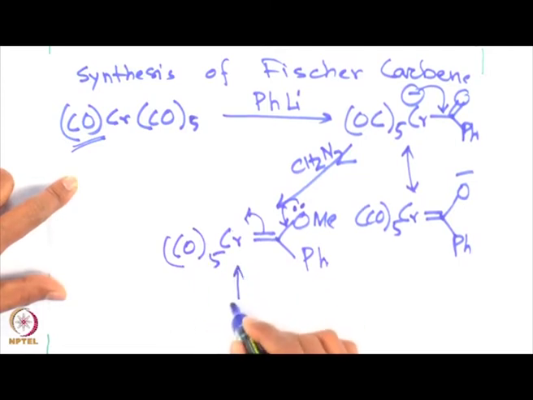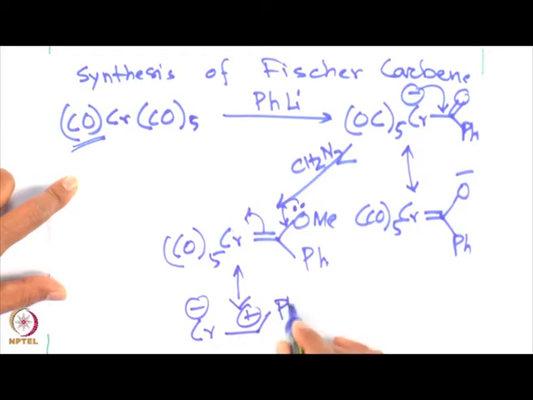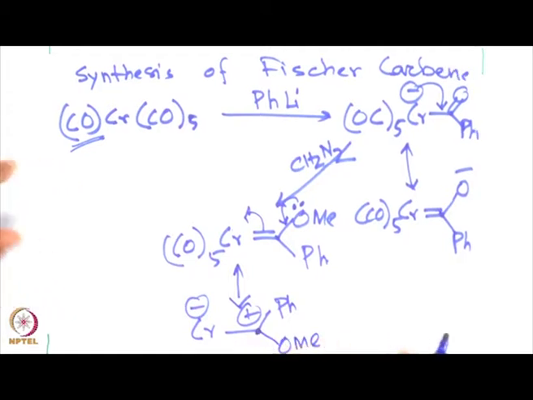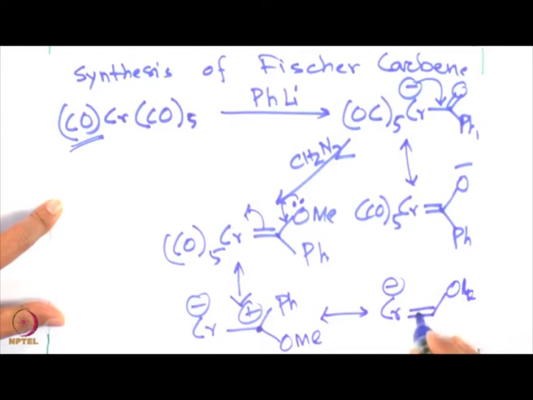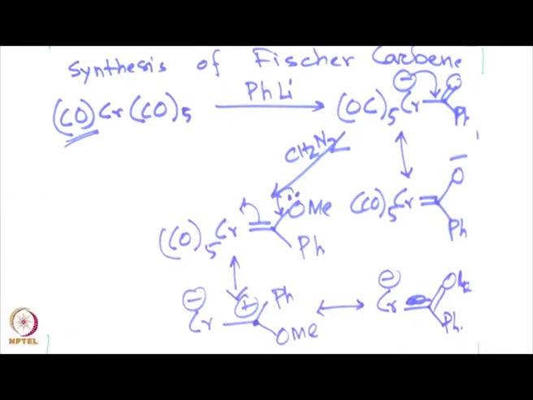Most importantly, this compound you can write in a canonical form, where you have minus and plus centers at the carbene carbon. Overall, you can write it as if the chromium is minus and OMe is plus in nature.